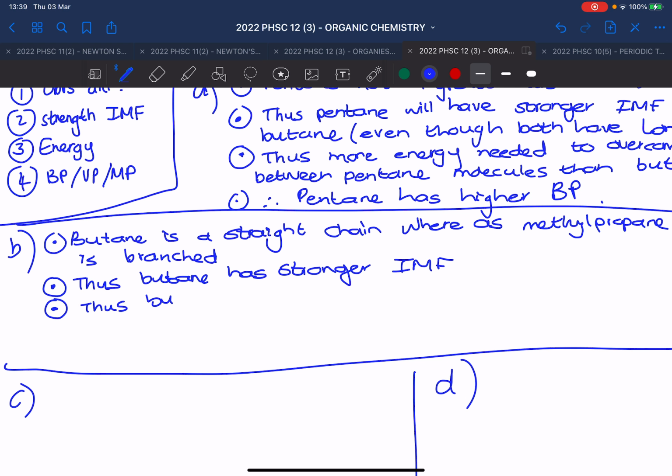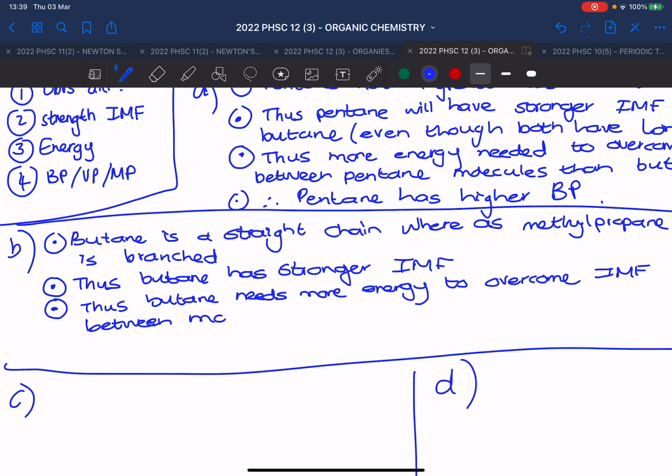Thus, butane needs more energy, and then lastly, thus butane has higher boiling point.